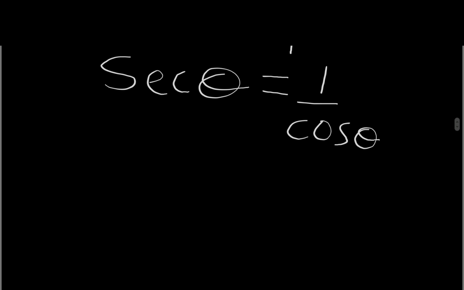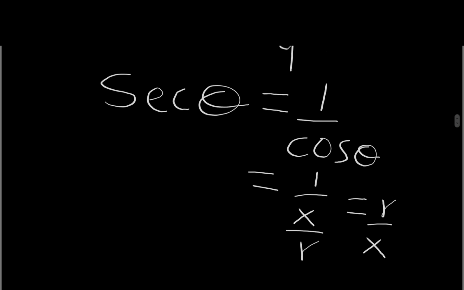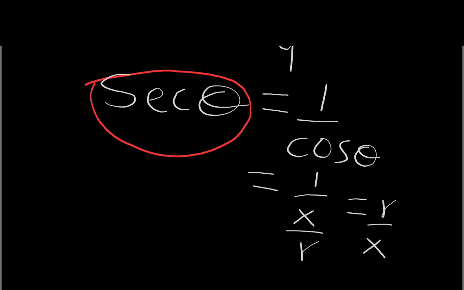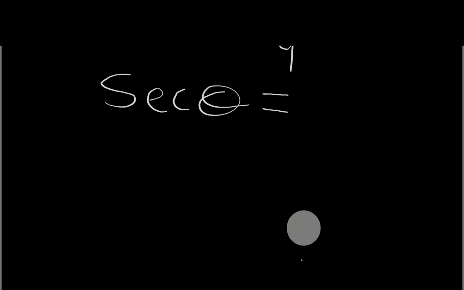So it means that I will now have 1 divided by x over r. And when I simplify, I'm going to have r over x. So sec theta is equal to r over x. So let's go ahead and represent sec theta with r over x.